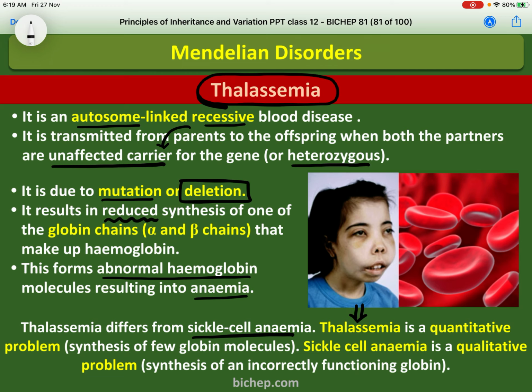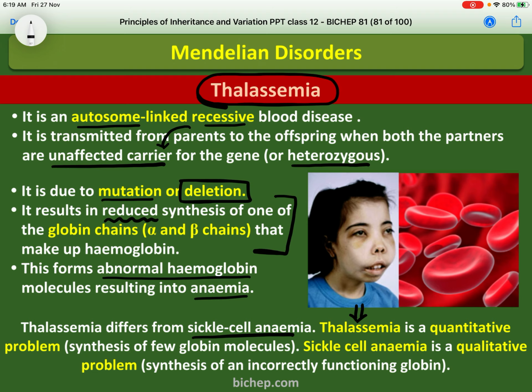Why quantitative? Because the quantity of hemoglobin is reduced, the number of hemoglobin produced in your body is reduced.